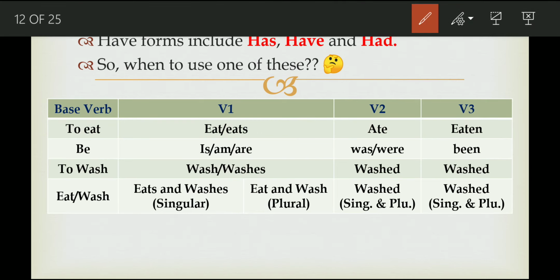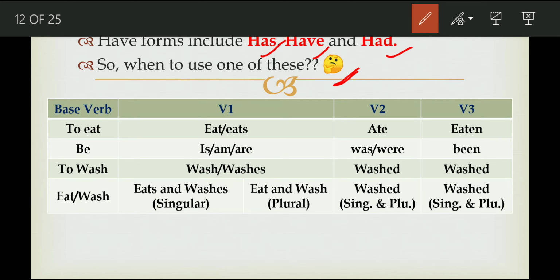So we have the forms has, have and had. When to use one of these? We have three different forms. One is has, the other is have, and the other is had. So when to use each of these have forms? Let's see that.